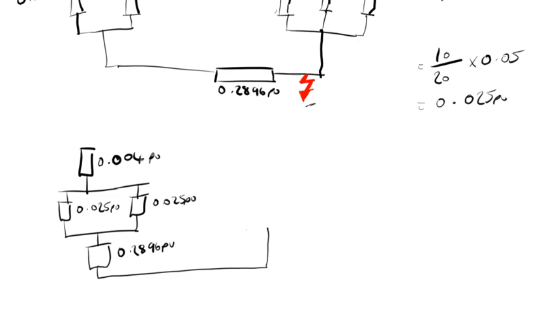So that's all three of them. And then this was 0.005 pu just here.